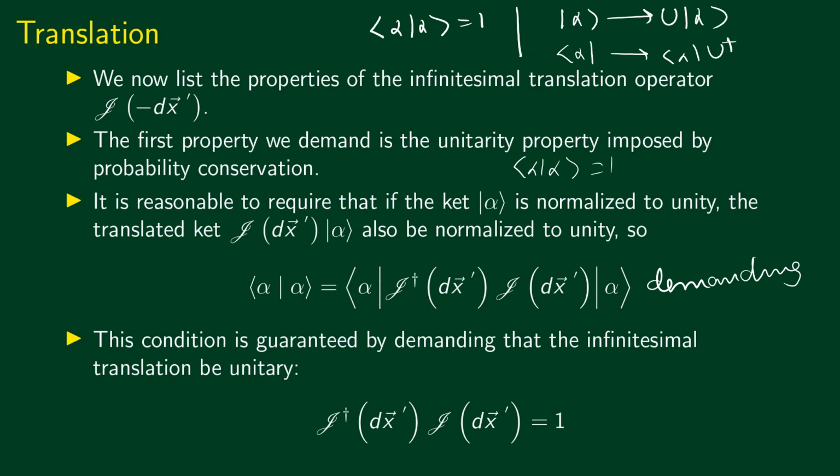Now, we see that this demand is satisfied if j dagger j is the unit operator. So this condition is guaranteed by demanding that the infinitesimal translation be unitary. That's j dagger of dx vector prime multiplied by j of dx vector prime equal to 1. This is an important property. The infinitesimal translation operator has to be unitary.